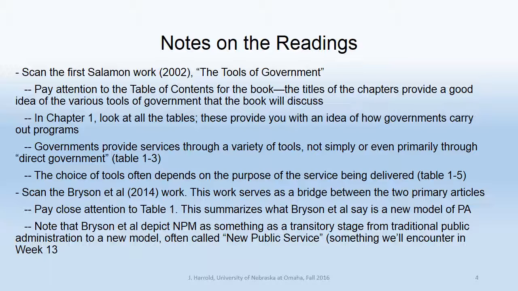But what I really want you to look at are all the tables that Salomon has in chapter 1. So what he's doing with these tables is he's talking about the idea that government provides services through a variety of tools, not simply or even primarily through direct government, as you see in table 1.3, and that very often the choice of tools depends on the purpose of the service being delivered. So that's one part of the bookend.